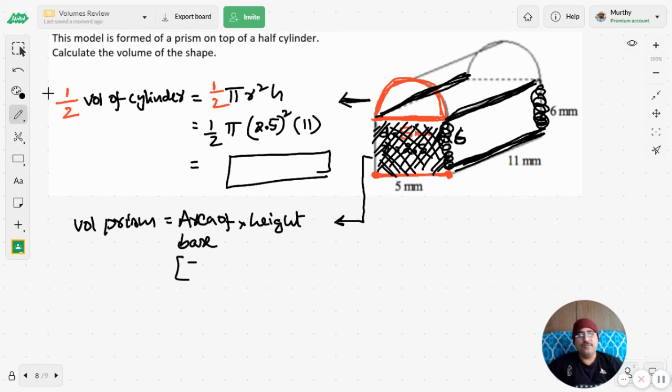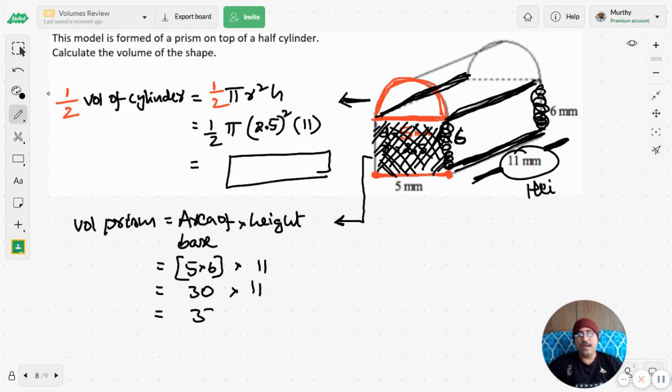So it is 5 times 6 times the height. In my earlier example I mentioned that it is something like a loaf of bread, and if you make this stand, this becomes the height. Therefore, times 11. So 5 times 6, 30, times 11.